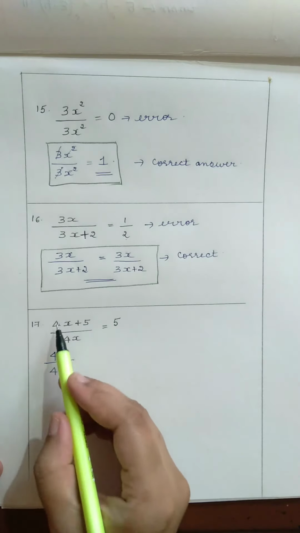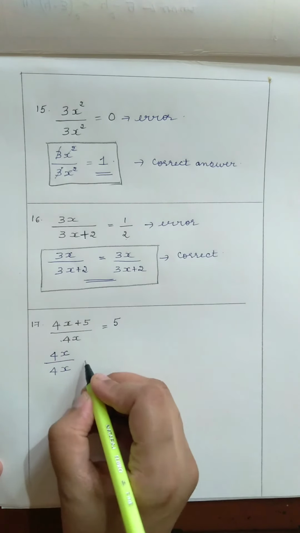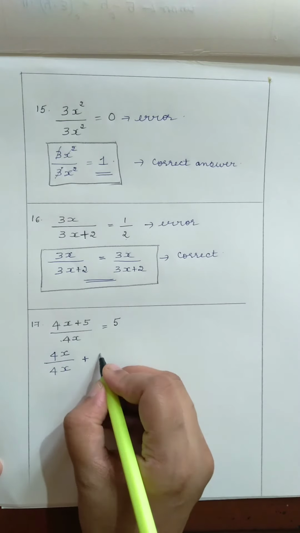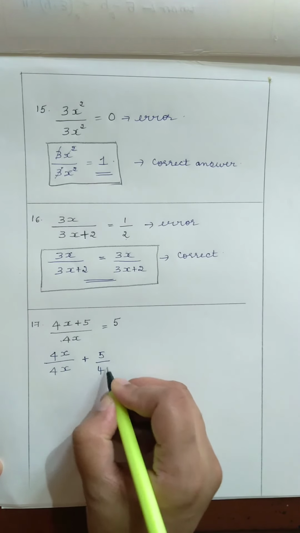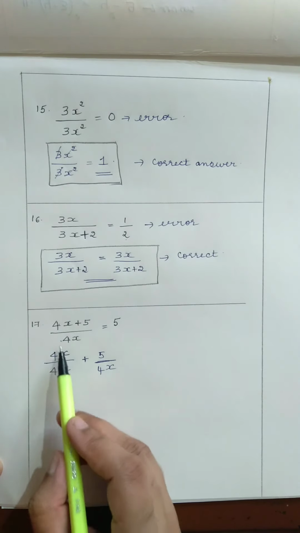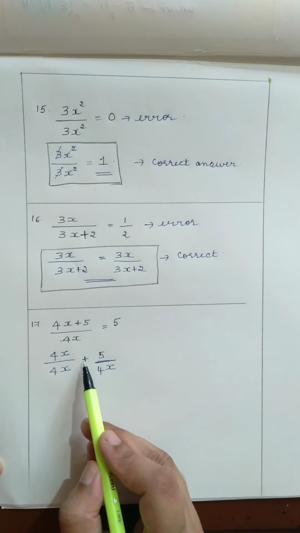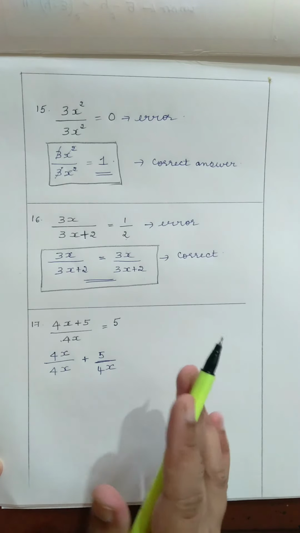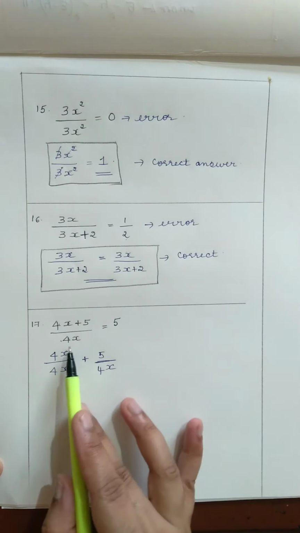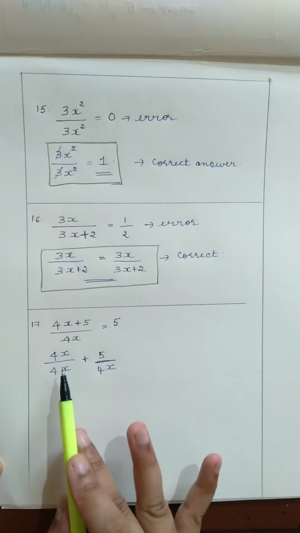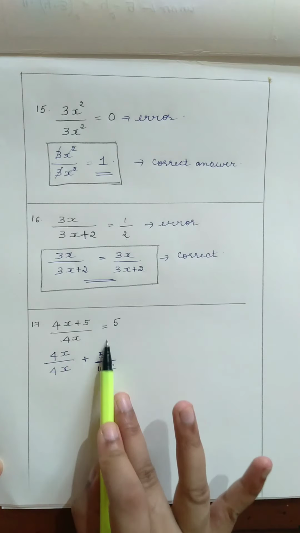Therefore, 4x by 4x, then we have plus, then we have the second term, that is 5 by 4x. Therefore, when the denominator contains the monomial term, the numerator's two terms get split into two parts such that the denominator 4x is for each, that is 4x by 4x plus 5 by 4x.